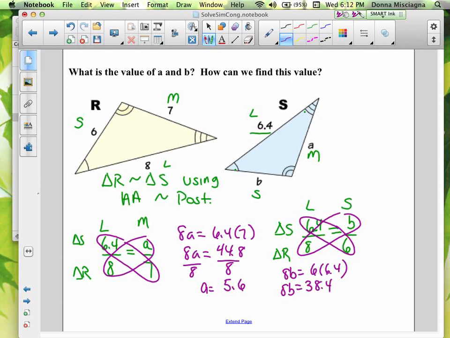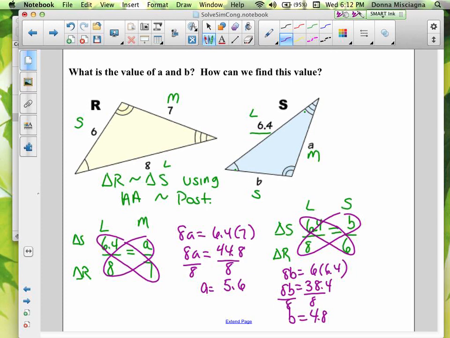And then we just need to divide by 8. If we divide both sides by 8, B is going to be, let's see if you can figure it out before I tell you. It's going to be 4.8. Now, interestingly, that's 0.8 times 6. So one thing you could have done is reduce the 6.4 and the 8, and that would have been 1 and 0.8.